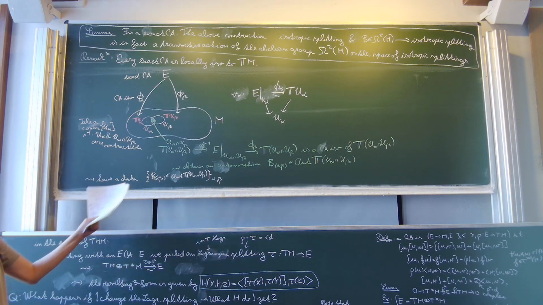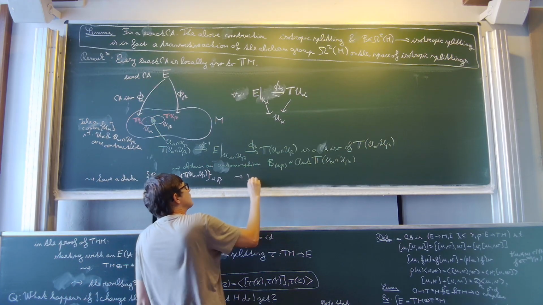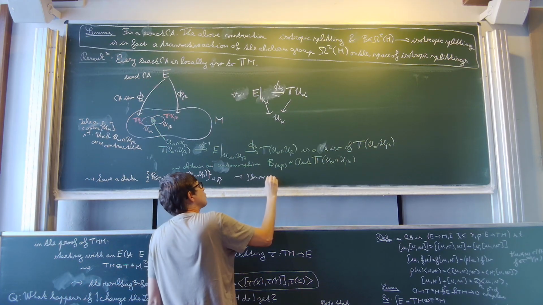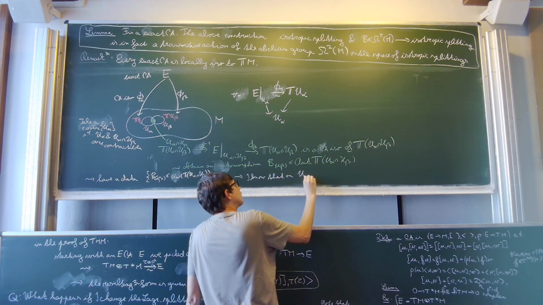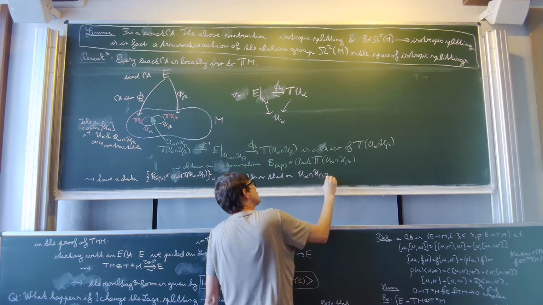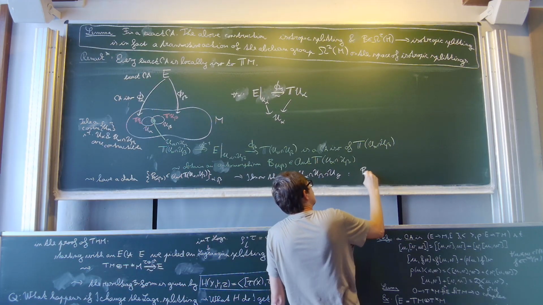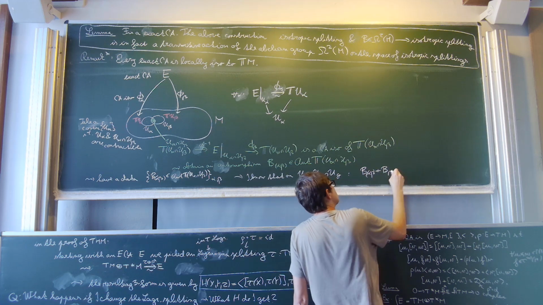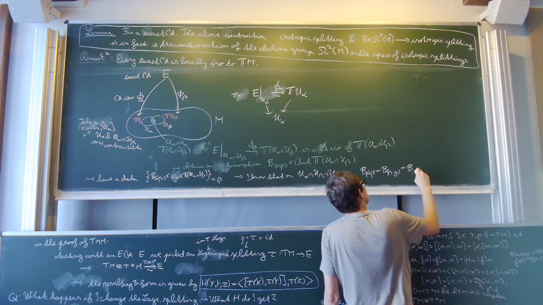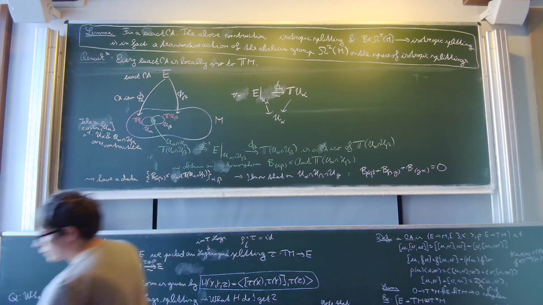And one thing that I know from the construction is that, having triple intersections, U alpha with U beta, intersection U gamma, if I add those things together, then I get 0. This comes from the construction.